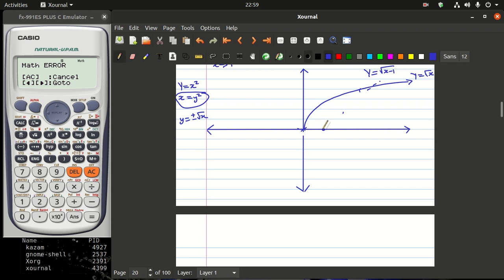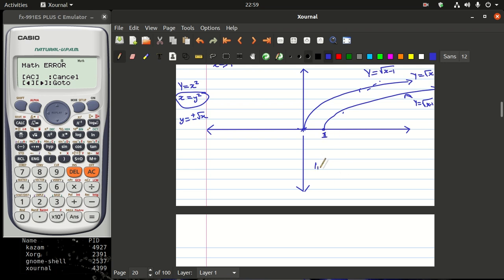So this point is going to move by 1 unit, this point is going to move by 1 unit, and this one is going to move by 1 unit. So you end up having a nice curve that looks something like that. So this one is going to be y is equal to the square root of x minus 1. So we have something of this kind. So this is x is equal to 1.